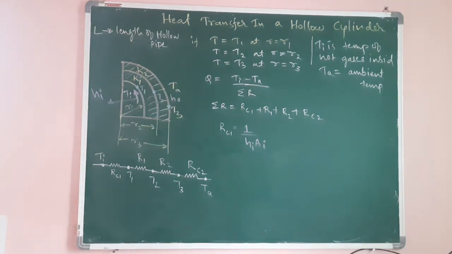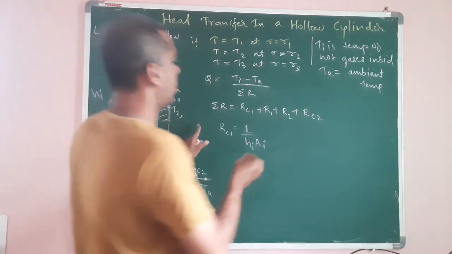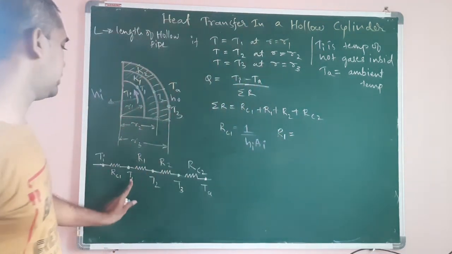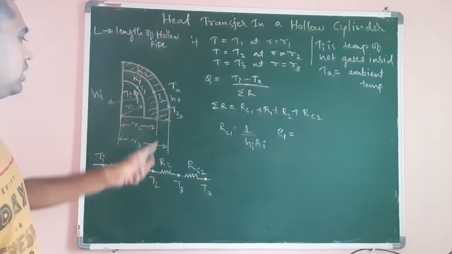Now we will calculate R1. R1 is the conduction thermal resistance in a hollow cylinder from T1 to T2.